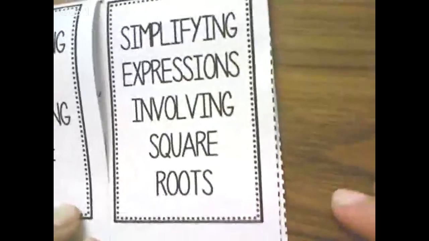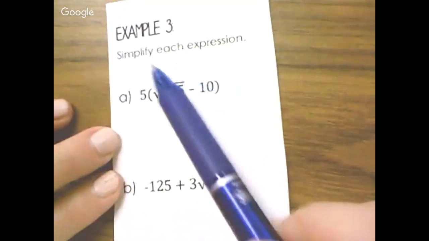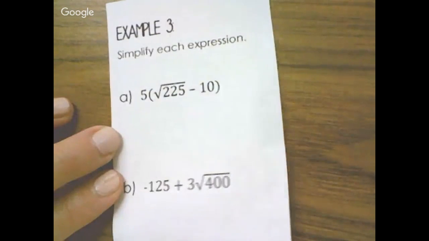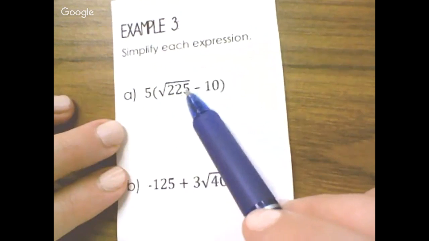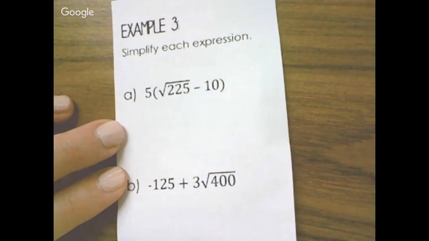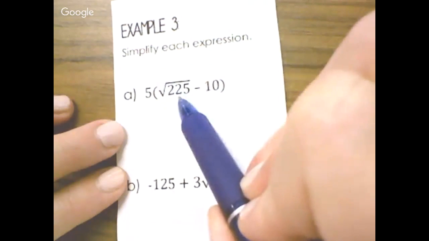Now we're going to look at when I have expressions. So looking at the top, simplify each expression. We did this during our bell ringer. When I have a square root on the inside, I want to do that first. So the square root of 225 is 15 minus 10.